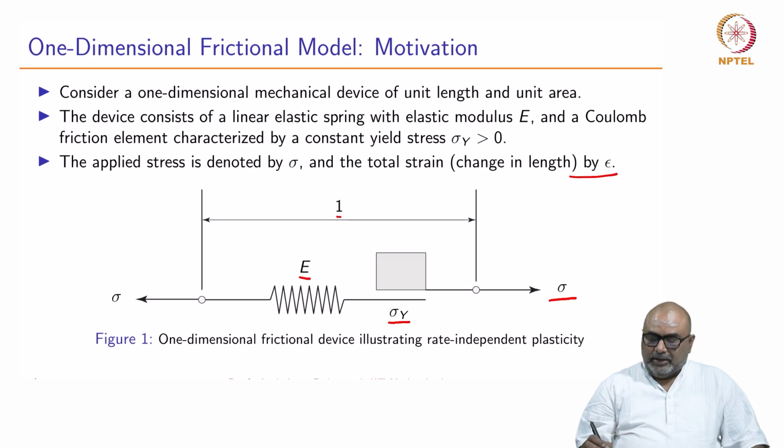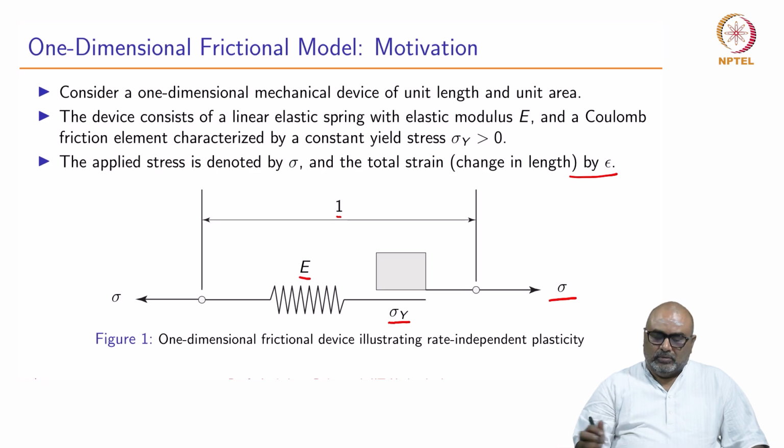When the applied stress sigma is less than sigma y, the entire load is taken by the elastic spring, and this frictional device comes into effect only when sigma becomes equal to sigma y, beyond which this frictional device starts to slide or slip.